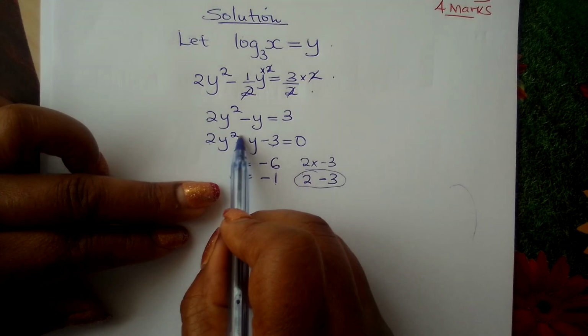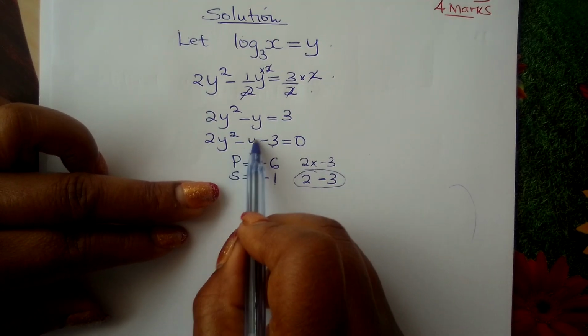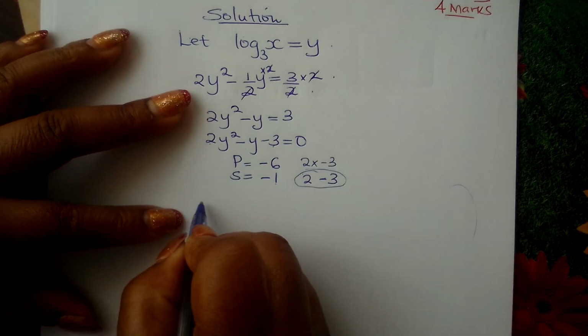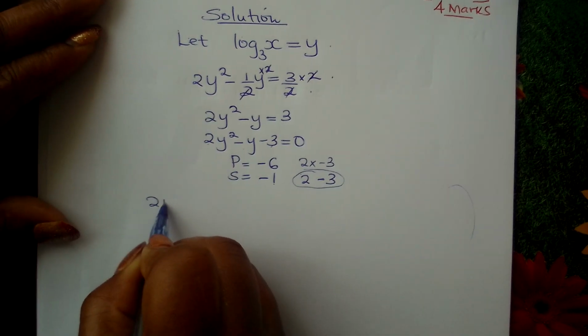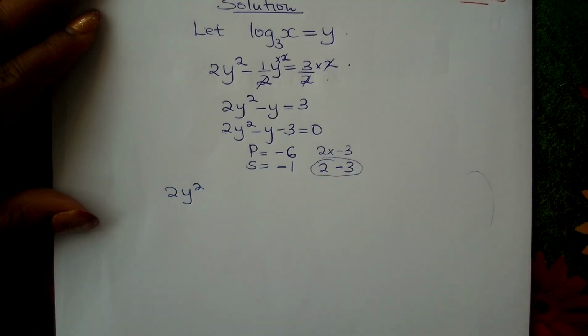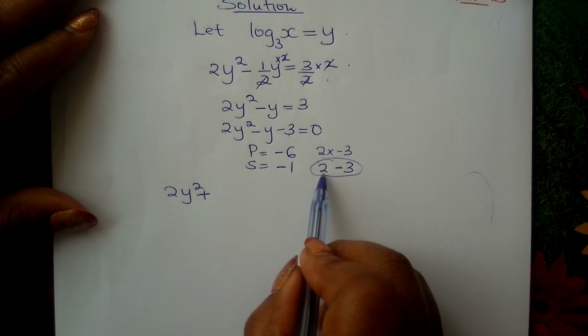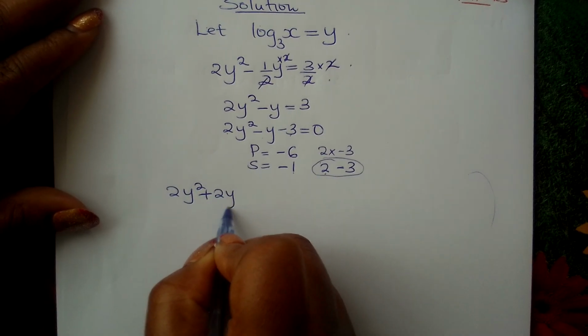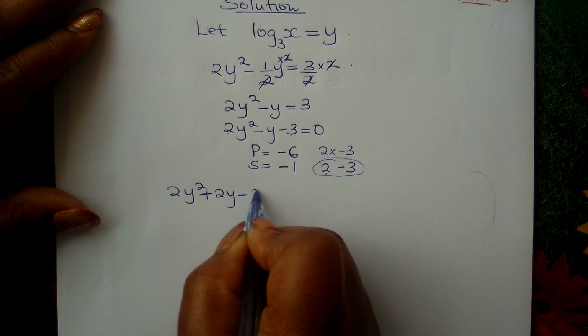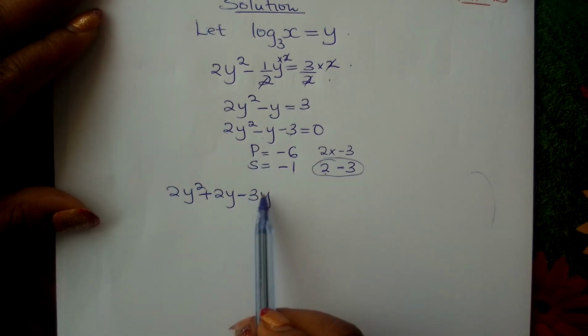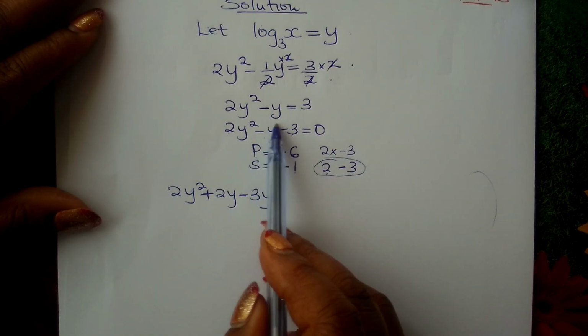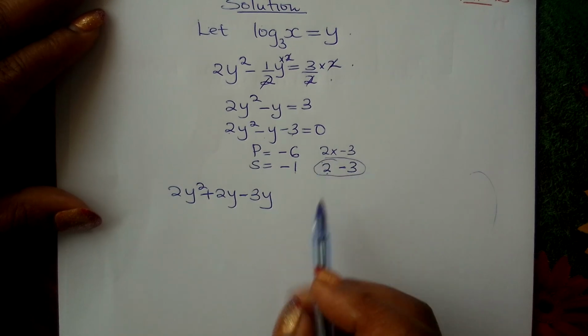You come and substitute them in the second term here. So we write 2y squared plus 2y minus 3 multiplied by y. Remember, we are replacing this with these numbers here.